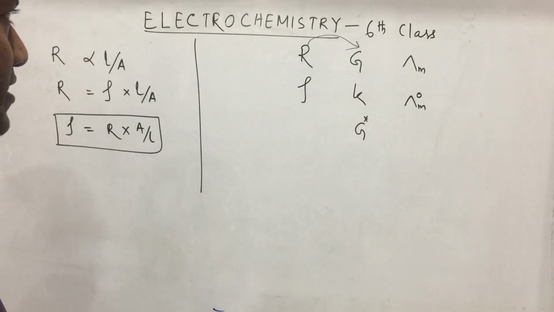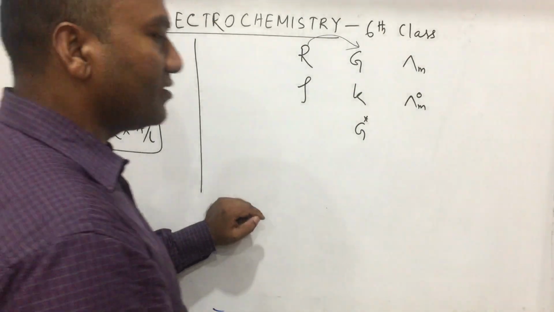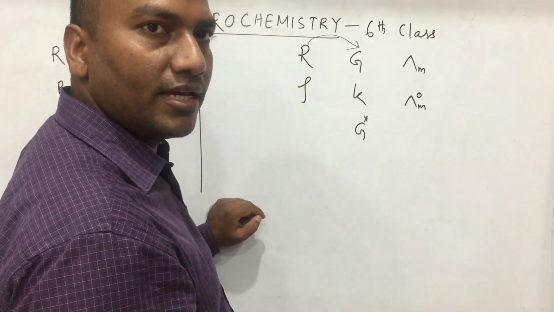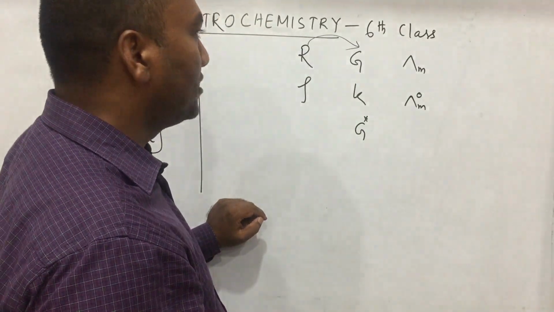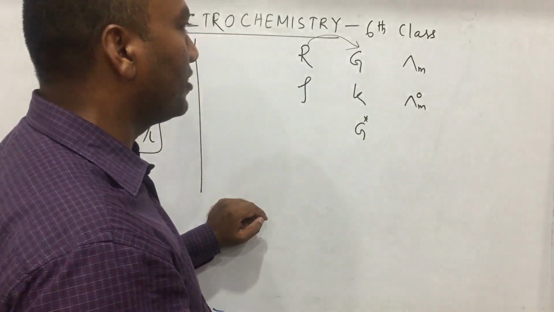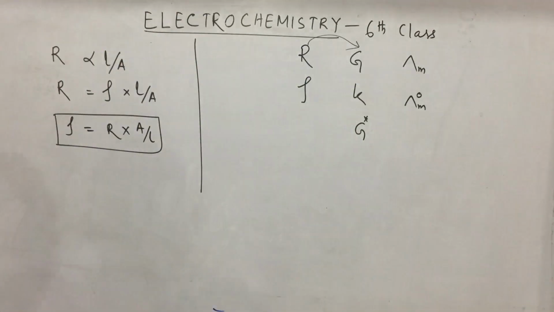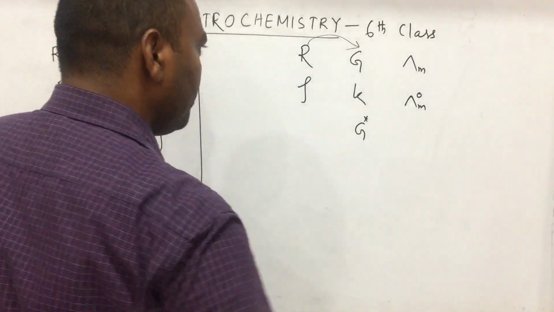Similarly, its reverse is G, conductance. Normally in physics the symbol for conductance is C, but here in chemistry C is for concentration, so here we have taken G for conductance.